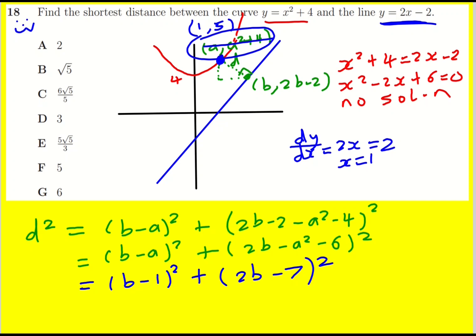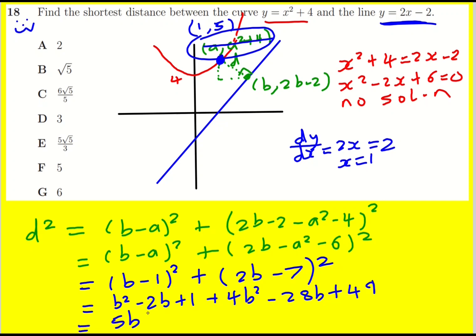Notice I'm minimizing d squared. I'm not going to bring the square root in, but we will square root at the very end. We're going to get a quadratic in b. So b squared minus 2b plus 1 plus 4b squared minus 28b plus 49. That's going to give me 5b squared minus 30b plus 50.